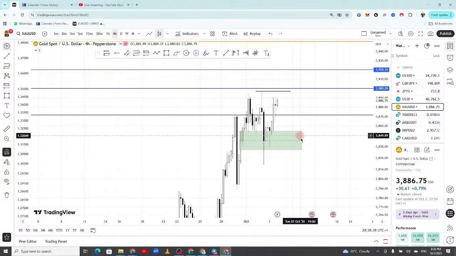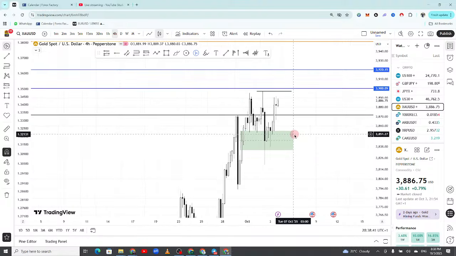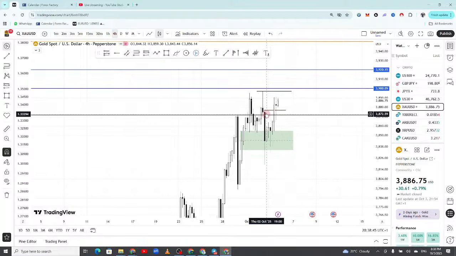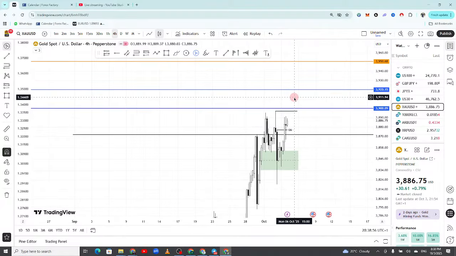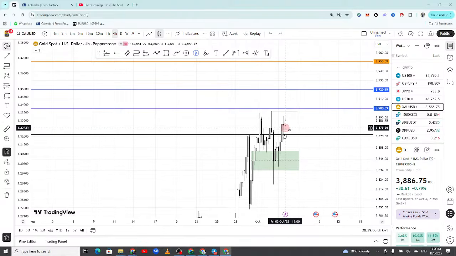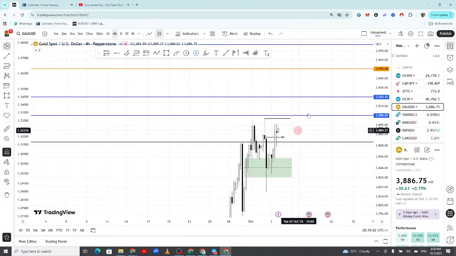So we have, I will say I'm still bullish on DX and gold. This is our order block here. It's our order block, so price should continue moving higher from here, maybe into any of these points here.